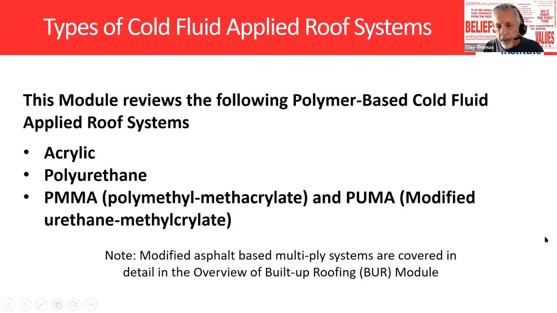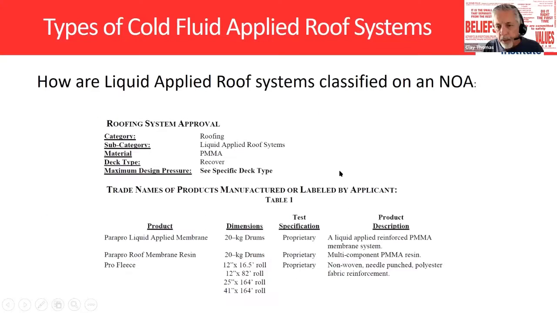And so what I did was I tried to focus again on systems that could be permitted as a roof. So when you get an NOA, it has a category of roofing. Well, the subcategory is liquid applied roof systems. Products we looked at last week had a subcategory of adhesives and coatings.